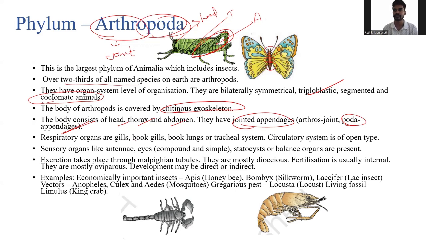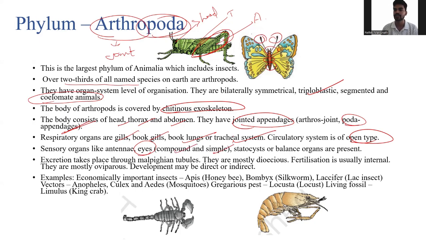The respiratory system is through gills, book gills, book lungs, or even trachea. It differs from insect to insect, but you will see these kinds of respiratory systems. The circulatory system is an open type. Antennae are present as sensory organs, and they have both compound and simple eyes.